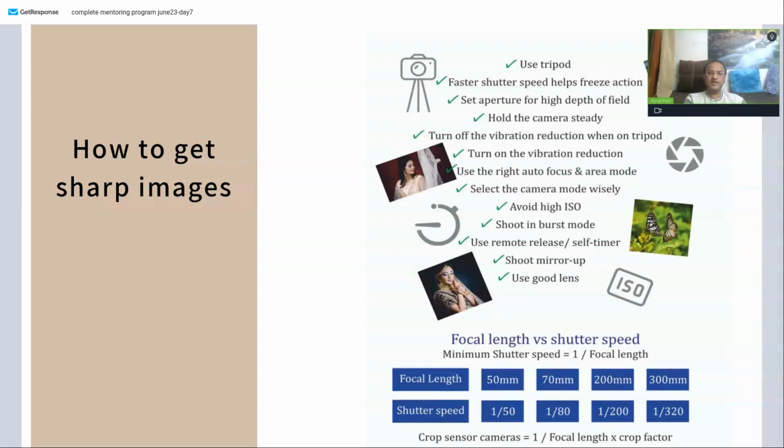So what do you mean? If you are shooting a picture at 100 mm focal length, your shutter speed should be at least 1 by 100. If it is 1 by 200, even better. If you're using a 500 mm lens, then your shutter speed should be at least 1 by 500.